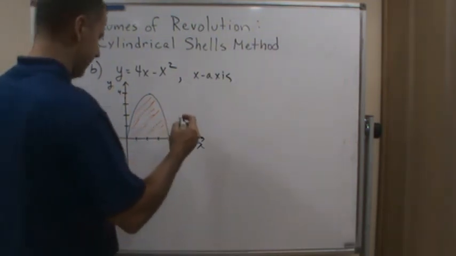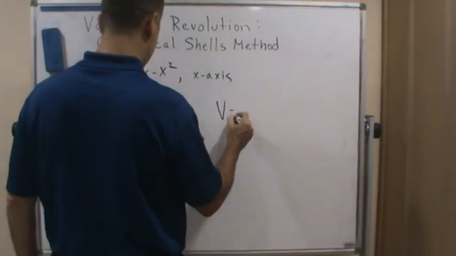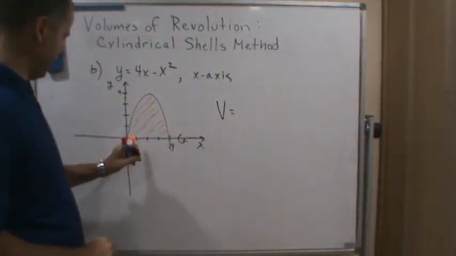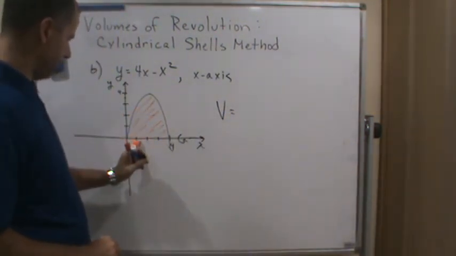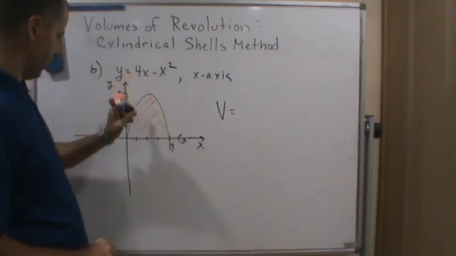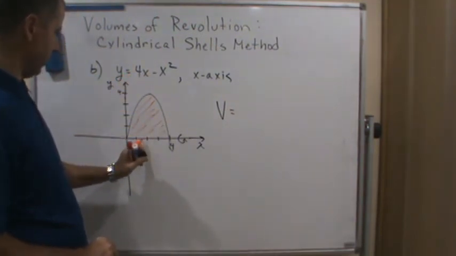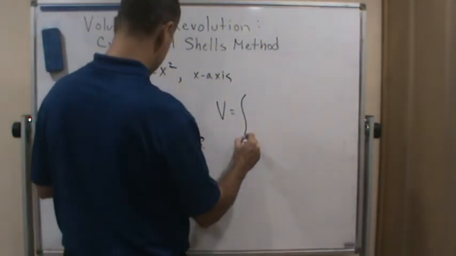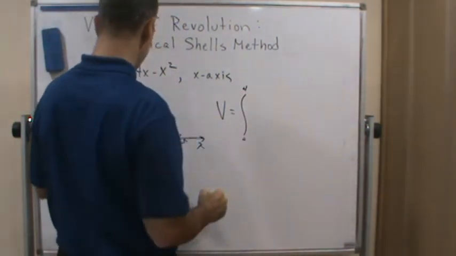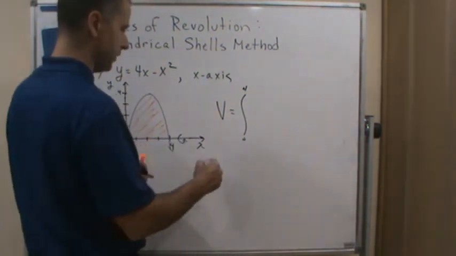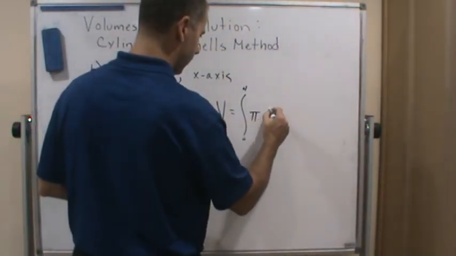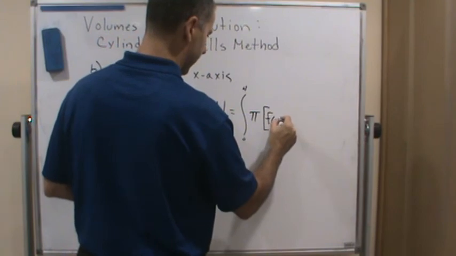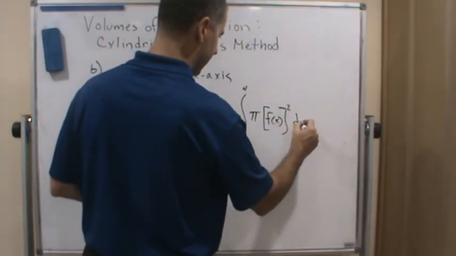So in this case, I would do volume. And now here's the thing. The disk method is in terms of x. So we've got here, and the height is in terms of x. So it's going to be the integral from 0 to 4. And again, the disk method means that we're going to do pi f of x quantity squared dx.